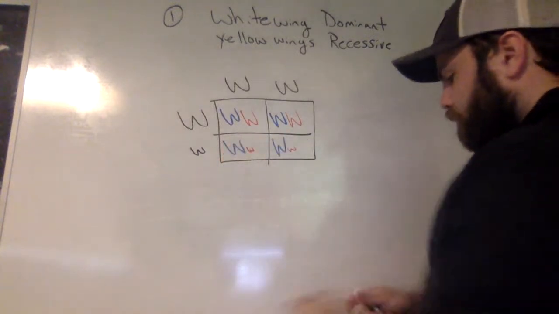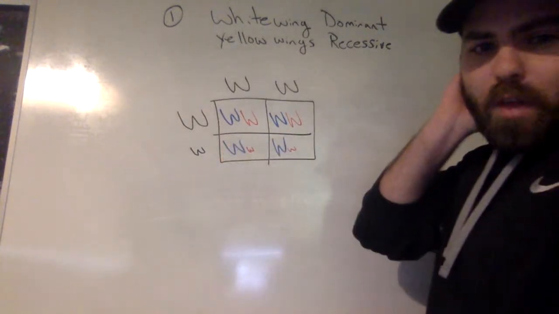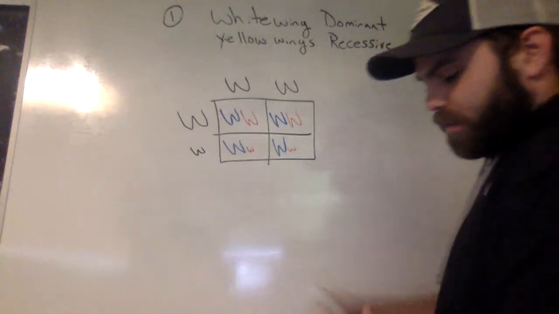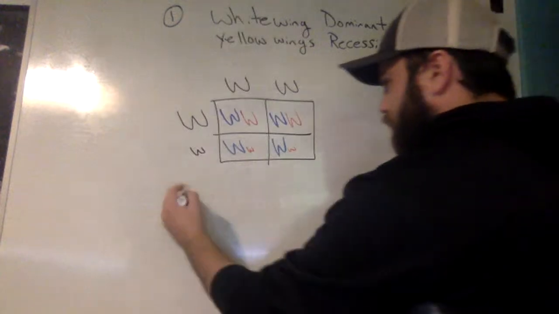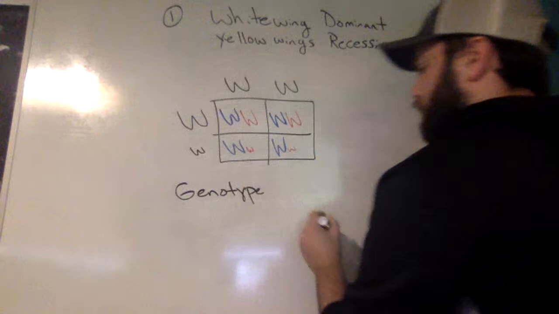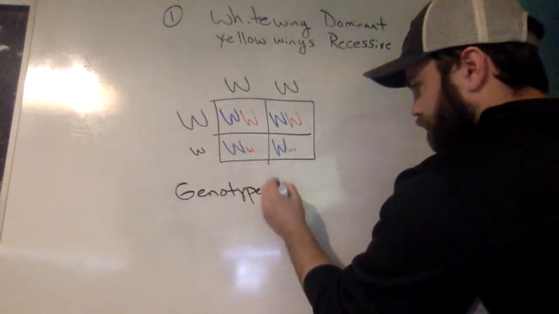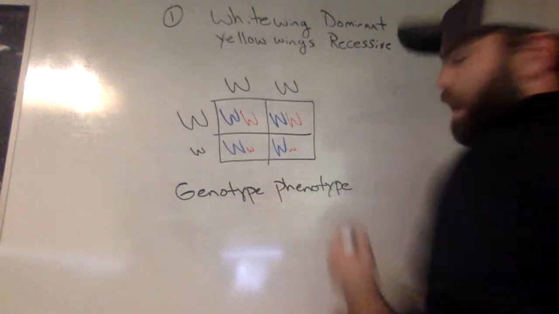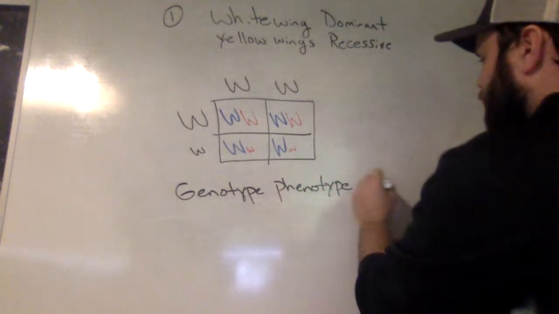Okay. So remember, this is a little different than the other worksheets we've used because now it's asking us these 3 things. It's asking us for genotype, then we have phenotype, and then we have chance, which is basically percent.